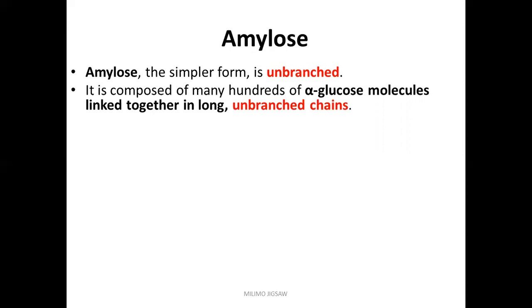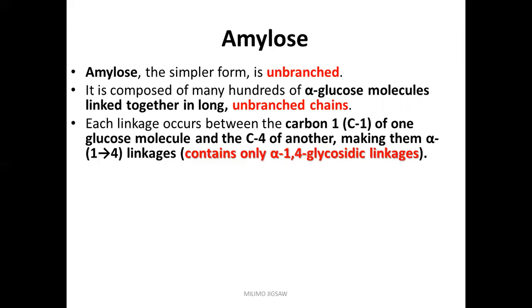And as I mentioned, it's a starch, so it is composed of hundreds of alpha glucose molecules that are linked together in long and unbranched chains. And then it contains only alpha 1,4 glycosidic linkages.